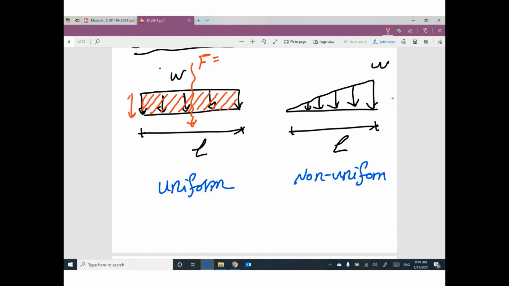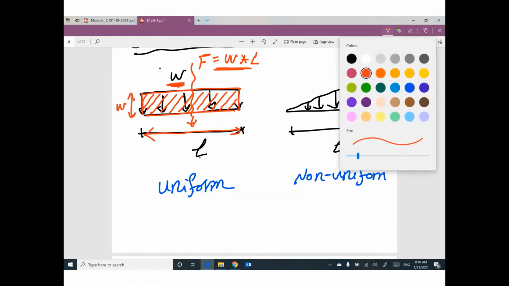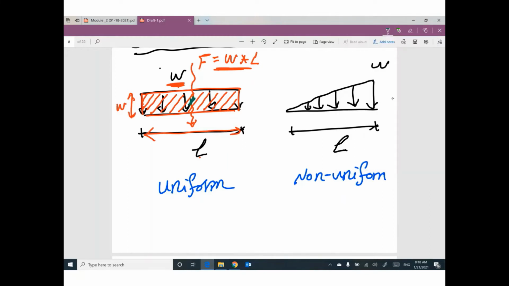The height of this rectangle is W and the length is L. So the area is W times L. To convert this distributed load to an equivalent load, you have to multiply the distributed load value times the total length of the distributed load. You can get the equivalent value. Where is this position? At the mid-span, so this length must equal this length, L divided by 2, L divided by 2.